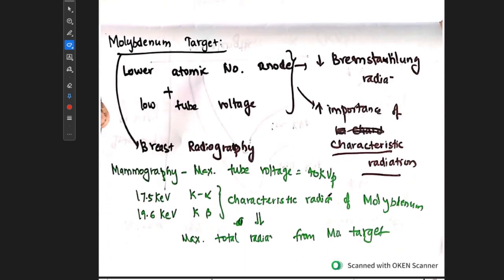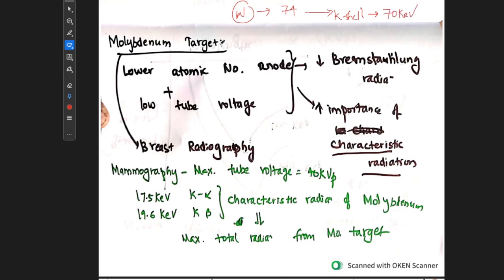So next, molybdenum target. Molybdenum target has a lower atomic number anode. Normally the tungsten target has a higher atomic number of 74, and the K shell binding energy of tungsten is around 70 kilo electron volt.